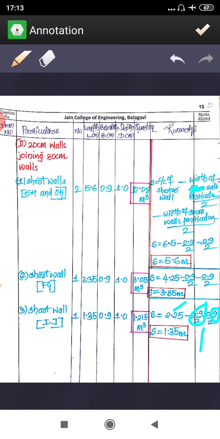See here, this 0.9 is of 30 centimeter walls detail and this 0.9 is of 20 centimeters wall detail. Both the foundations are same, so we are having 0.9 by 2, 0.9 by 2. So here shorter wall length is 1.35 meter. So 1 into 1.35 into 0.9 into 1 meter, so it is 1.215 meter cube is the quantity.